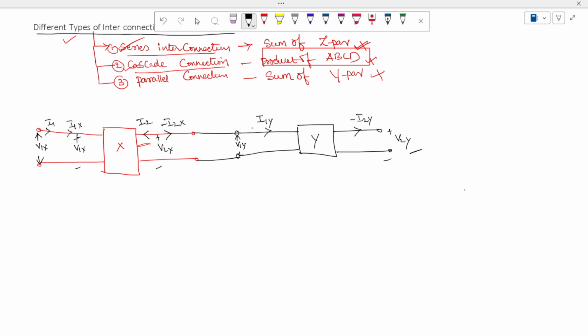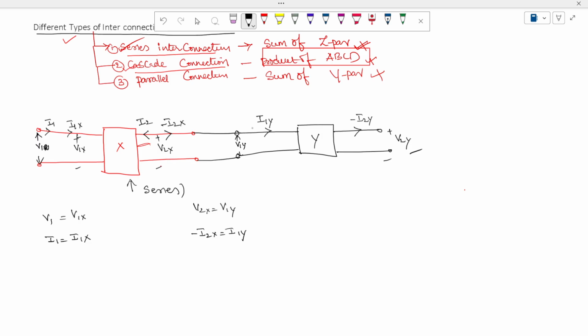You can see here X and Y are series connected. So how to write down the voltage here: V1X is nothing but the applied voltage. V1X is equal to V1, and I1 is also nothing but I1X. And at this point V2X is equal to V1Y, and minus I2X is equal to I1Y.